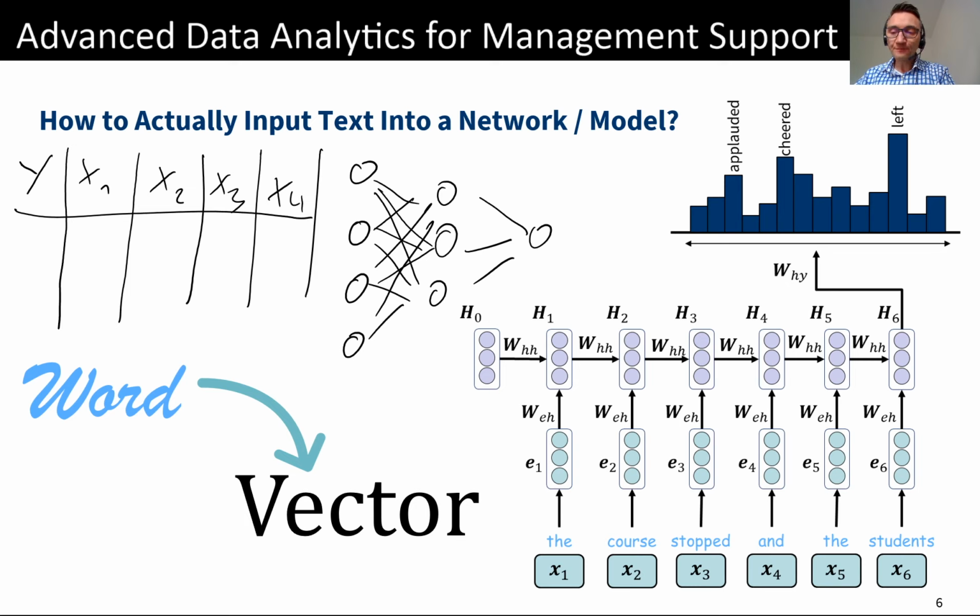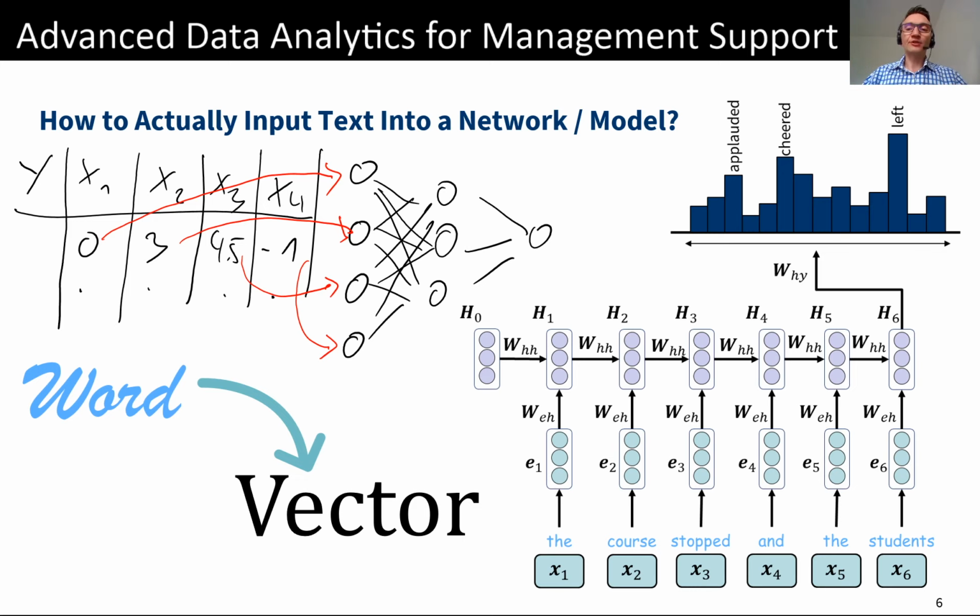And then we have some numbers, maybe 0 and 3 and 4.5 and -1, and more numbers of these. We then take one data point, so one row of our data table, maybe the first row, and then the 0 goes into the first input neuron, and the 3 goes into the second, and the 4.5 into the third, and the -1 into the last, and then we feed the data through our neural network.